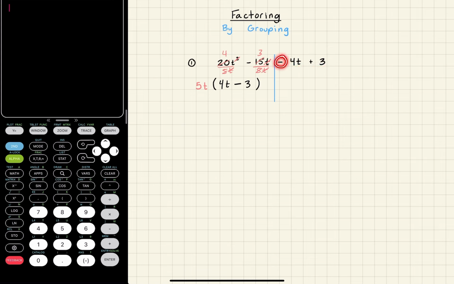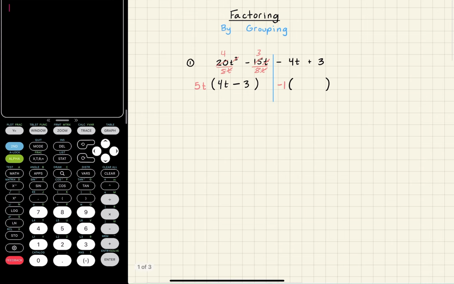And we're also going to pull that negative out. So that would be a negative 1 that we're factoring out. And if we divide our terms here, negative 4 divided by negative 1 is positive 4. We still have our t, and then 3 divided by negative 1 is a negative 3.